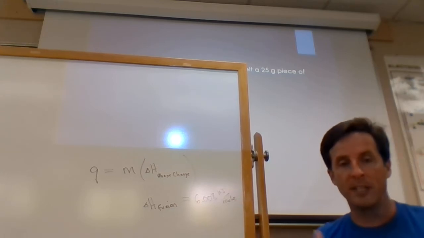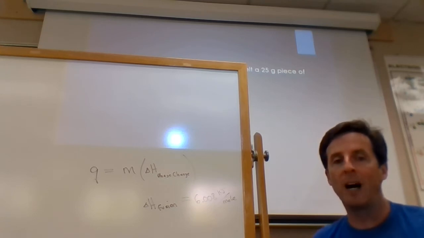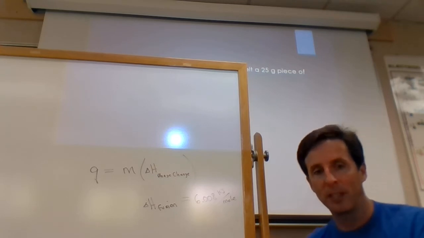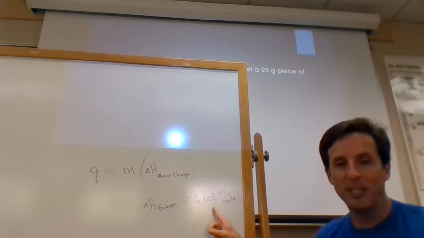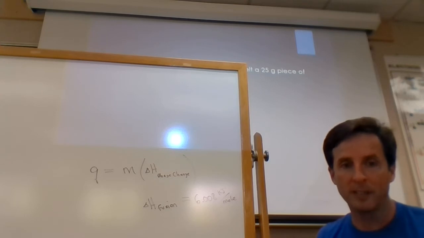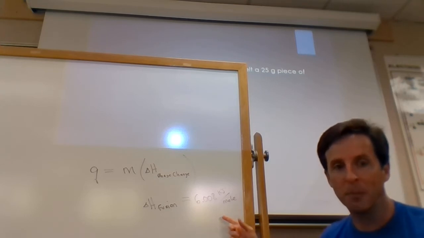So water is H2O, the molecular weight is 18, so a mole of water is 18 grams. If I want to melt 18 grams of ice to give me 18 grams of liquid water, this is how much heat it would take. It's this much heat per mole. So if I had 2 moles of ice and I wanted to melt them, it would take twice as much heat as that number.